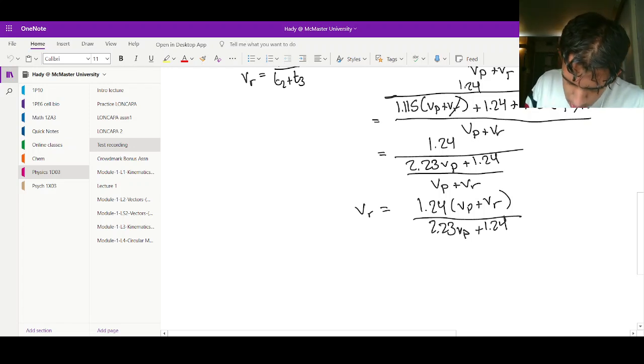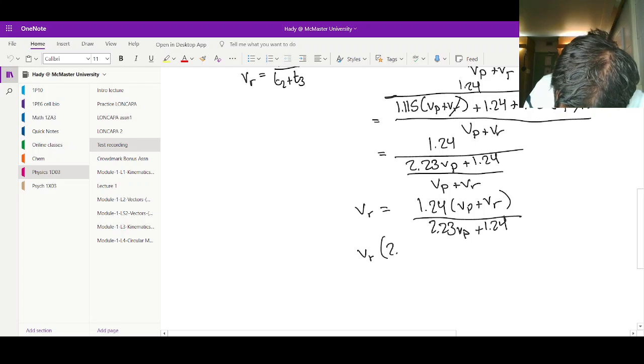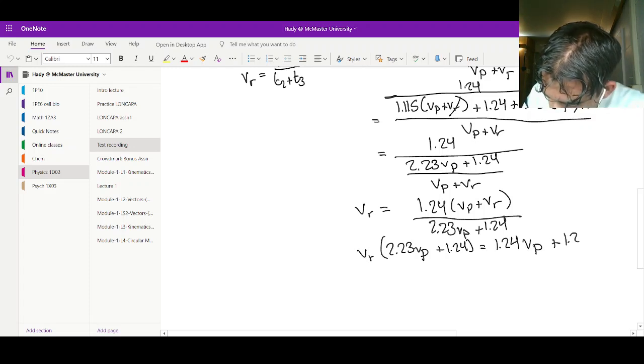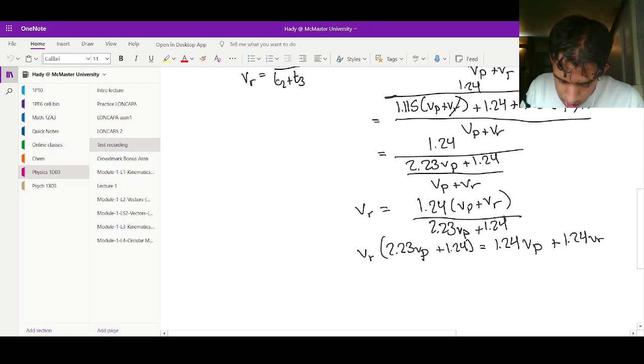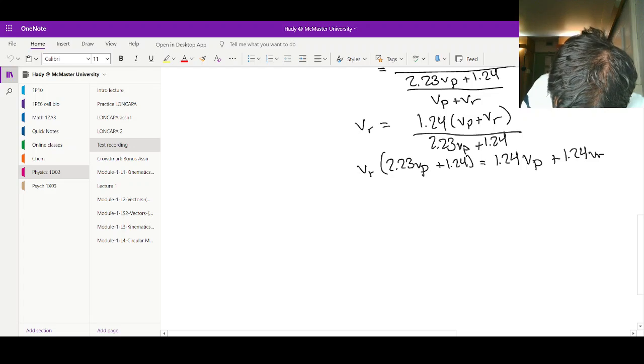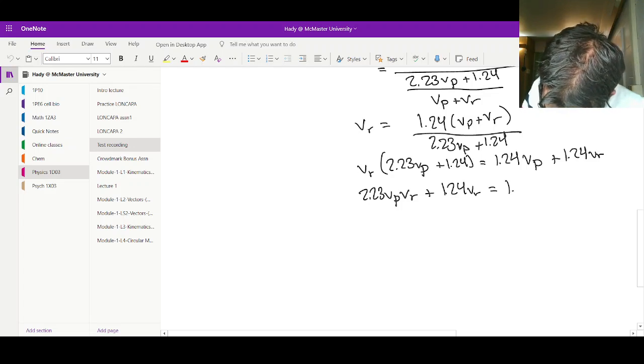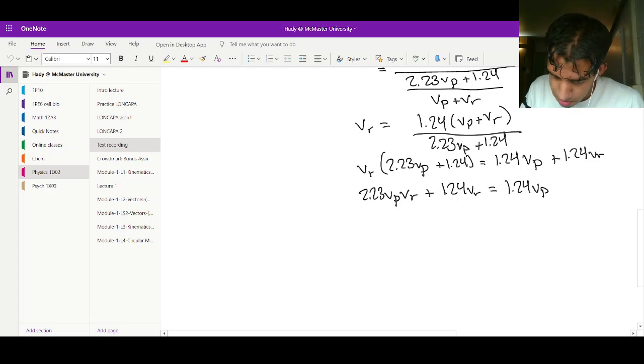Okay. So now we can multiply the bottom. So we have VR times (2.23 VP plus 1.24) equals 1.24 VP plus 1.24 VR, right? If we distribute the VR on the left side, we get 2.23 VP VR plus 1.24 VR equals 1.24 VP plus 1.24 VR. We see that 1.24 VR is on both sides, so we can get rid of those.